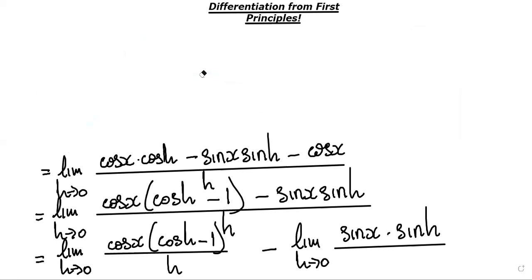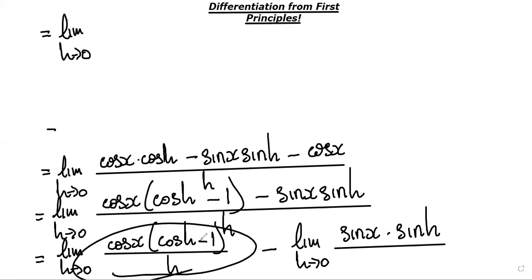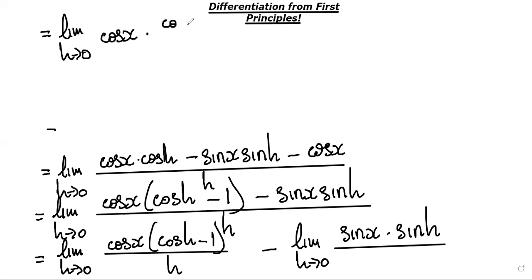So I want you to see what I'm going to do. Remember, if you have half x like that, well, this is the same as having x over 2. Do you agree with me on that? So if you agree with me, then you will also agree that instead of writing cosine x times cosine h minus 1, I'm just going to write this as cosine x times the cosine of h minus 1, which is divided by h.